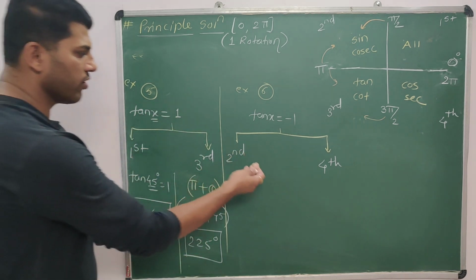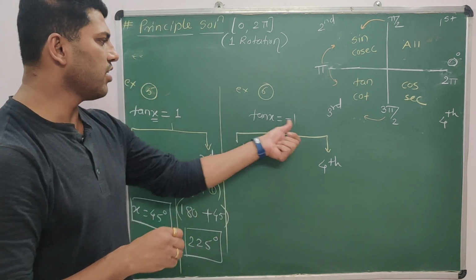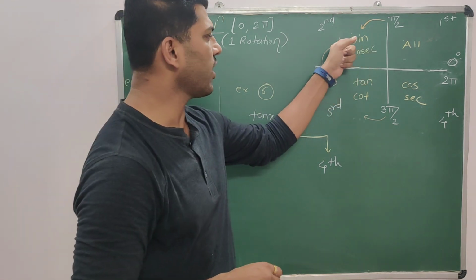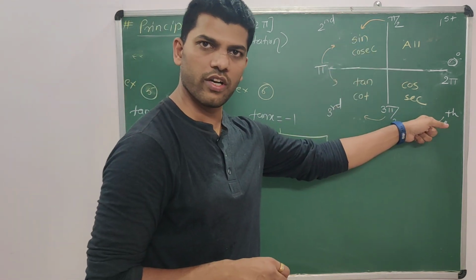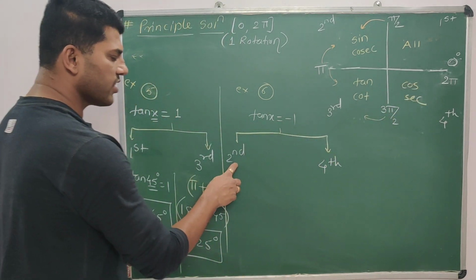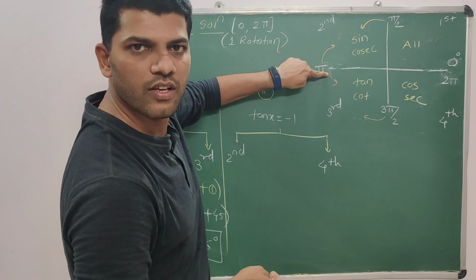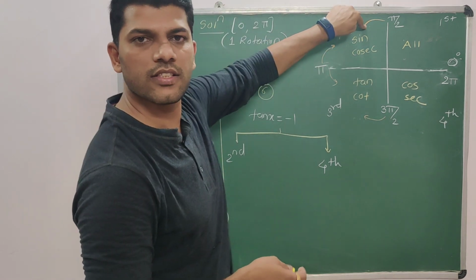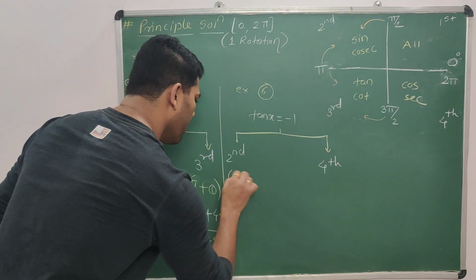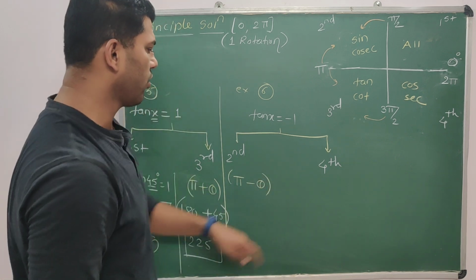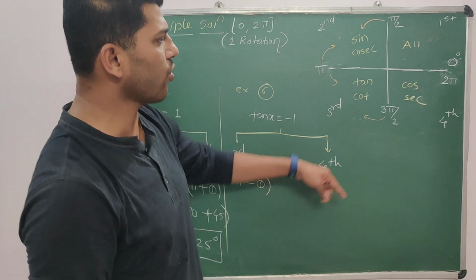Then what about this? Tan is negative in the second and fourth quadrant, which means the solution lies in the second and fourth quadrant. So how to enter into the second quadrant? Pi minus theta. The allied angle is pi minus theta. Okay, then how to enter into the fourth quadrant?